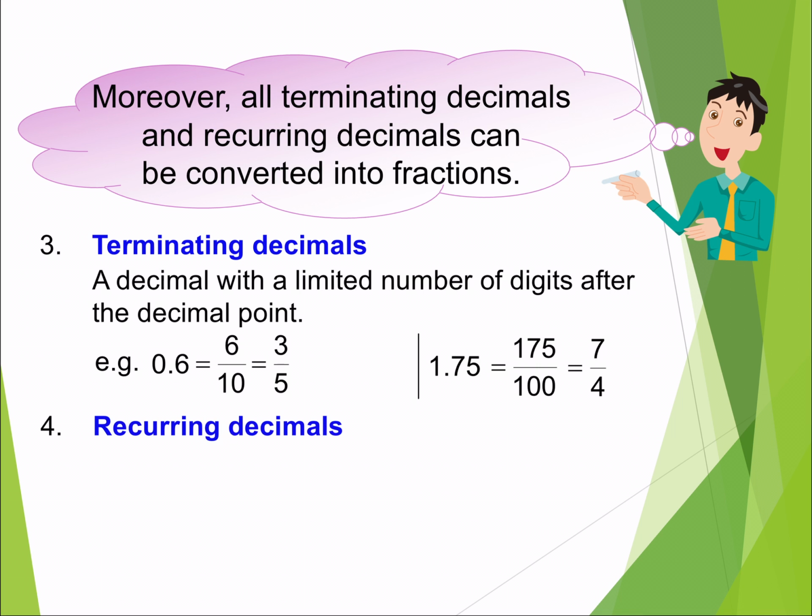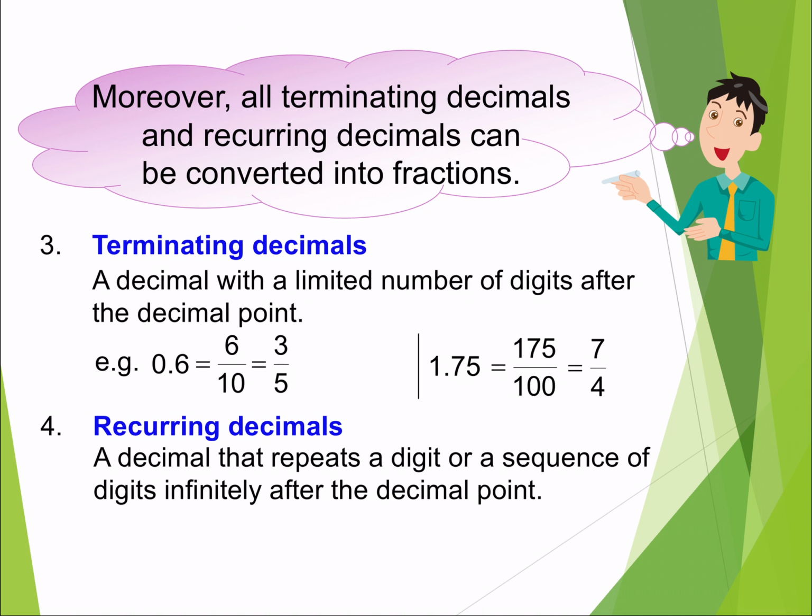And recurring decimals have repeated digits or a sequence of digits infinitely. For example, one you should be very familiar with is 1 over 3. When you use your calculator to press 1 over 3, it will equal 0.33333, and it repeats infinitely.